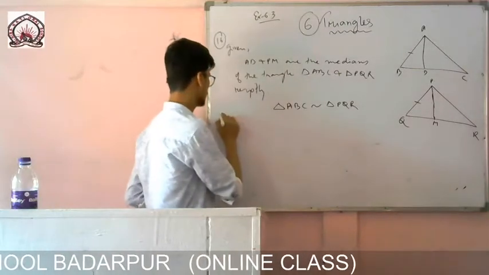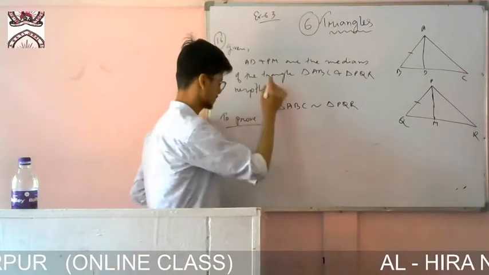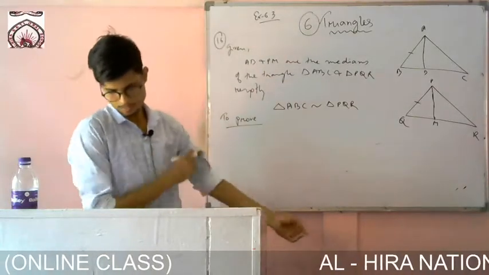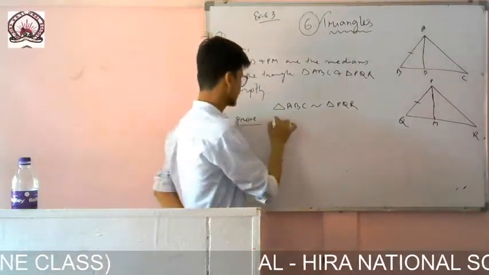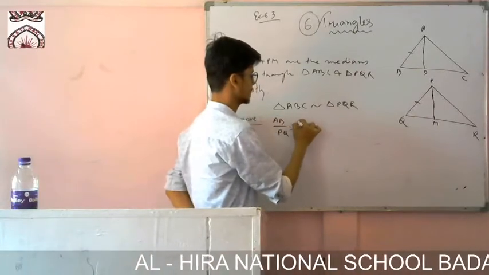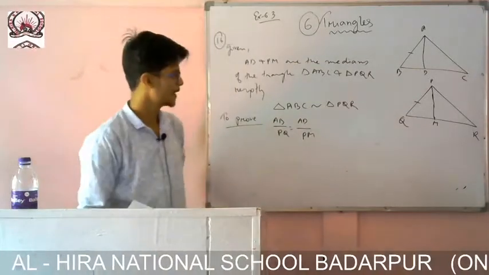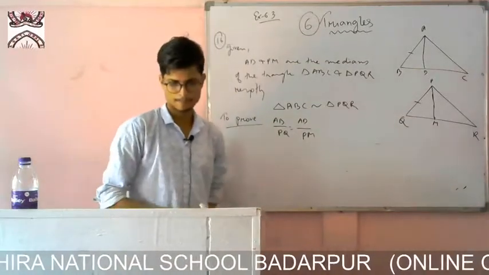What I have to prove is that AB by PQ equals the ratio of the medians, that is AD by PM. I have to prove AB by PQ equals AD by PM.